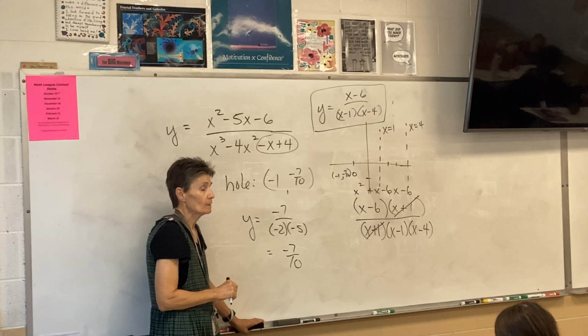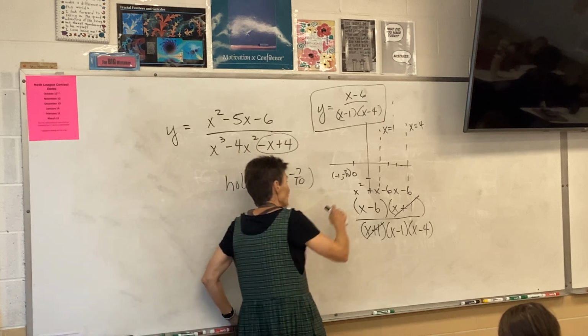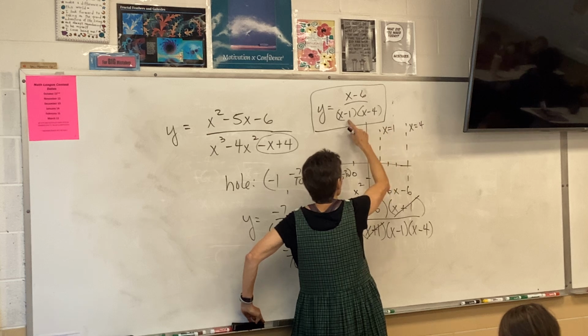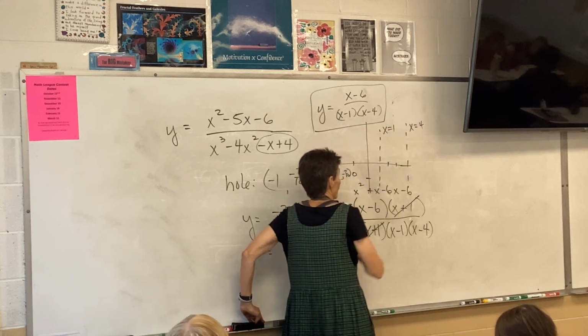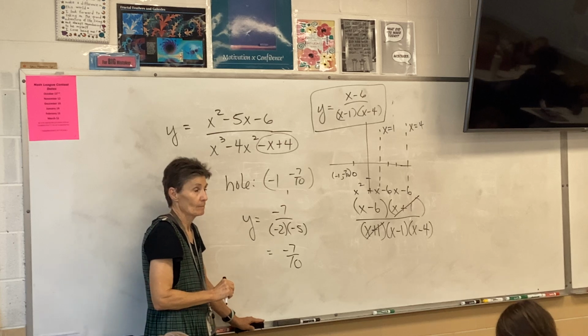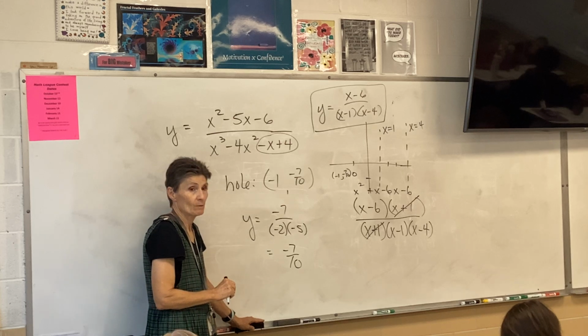Make sure when you're doing your pictures that you're labeling your asymptotes. Where is that? It's the x equals 1 and the x equals 0. Everybody okay?